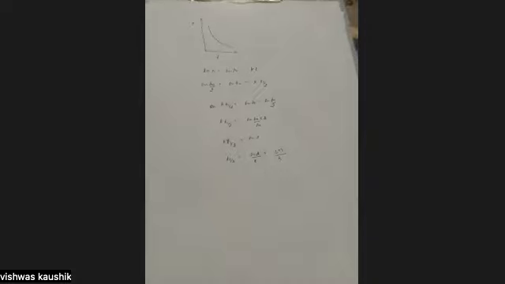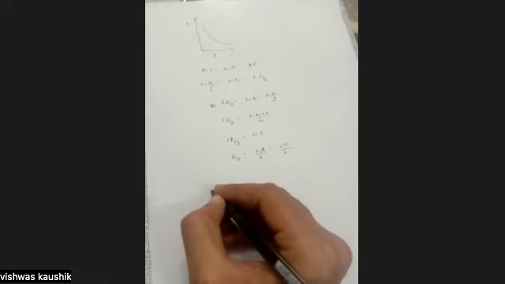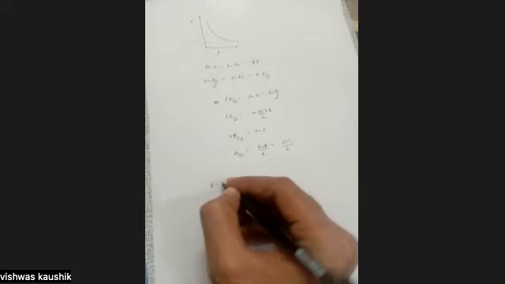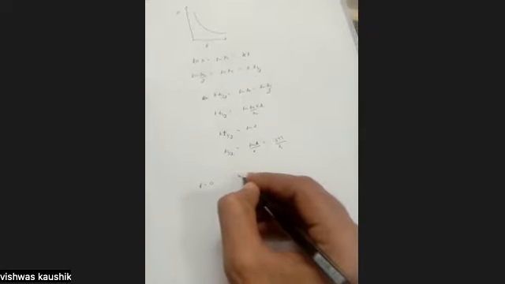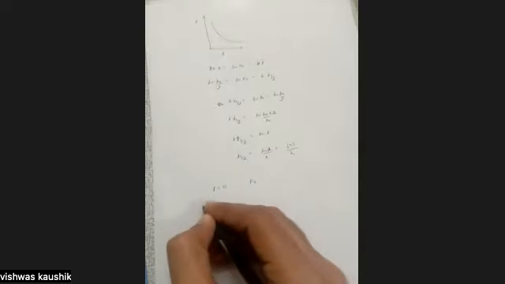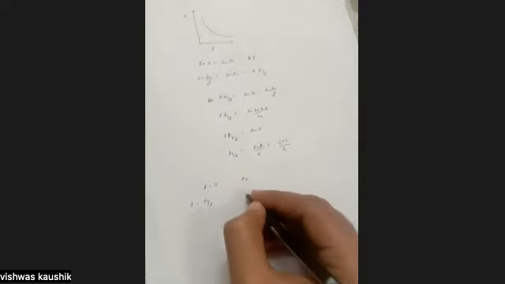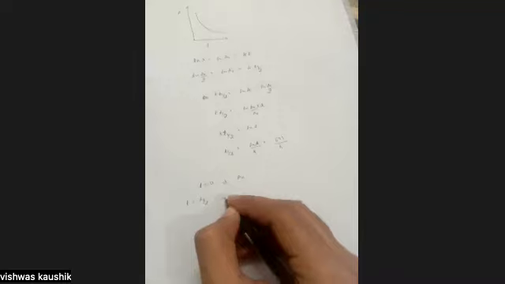Like, sir, at the initial time t is equal to 0, the concentration is A naught, then at t is equal to t half, that is the half-life period, the concentration of the reactant will be A naught by 2, that is half of the initial concentration.